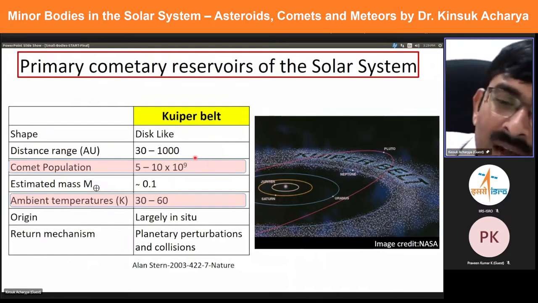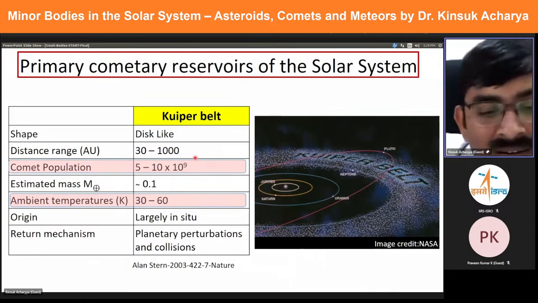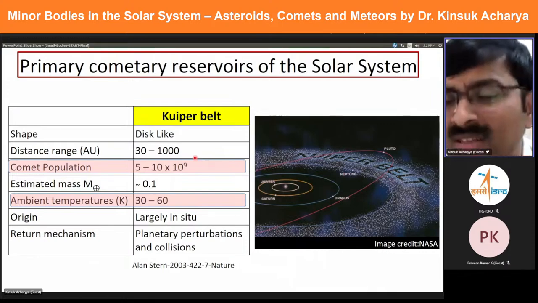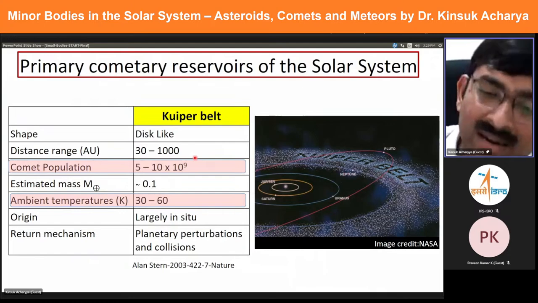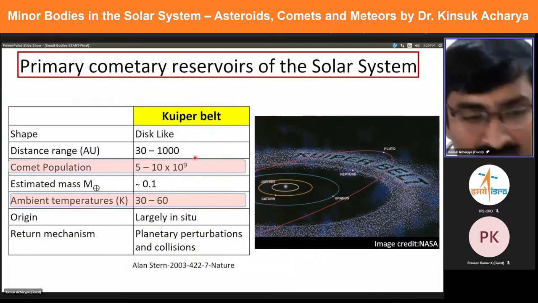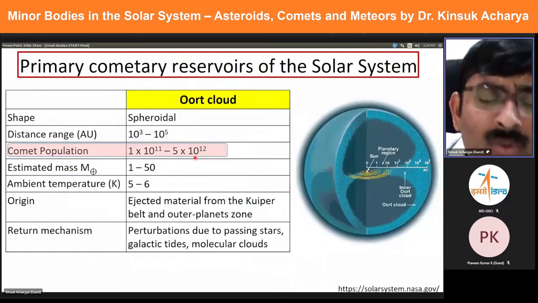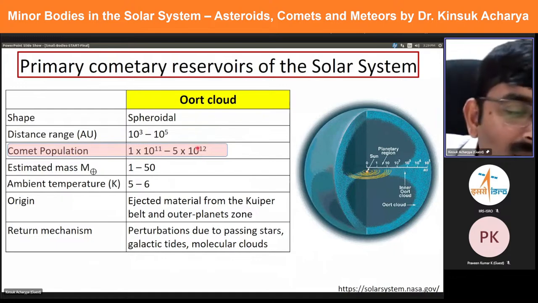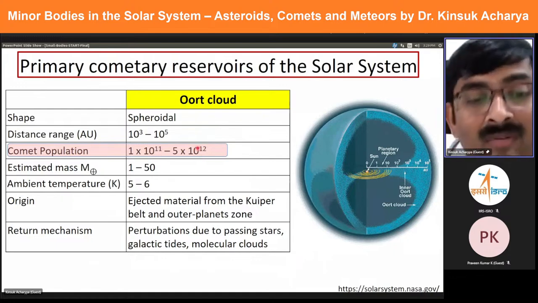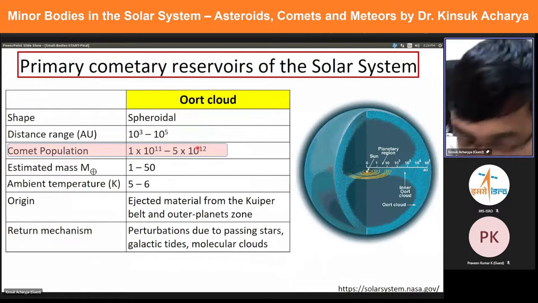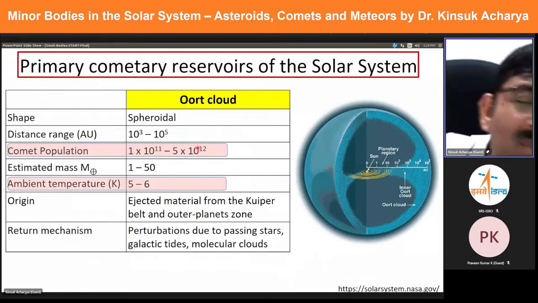These comets mostly come from the Kuiper belt due to planetary perturbations, because they are very small objects, so any gravitational perturbation can bring them into the inner solar system. And in the Oort cloud, we have around 5 times 10^12 comets, so a large number of comets are there. Now you can see the temperature is only 5 to 6 Kelvin.